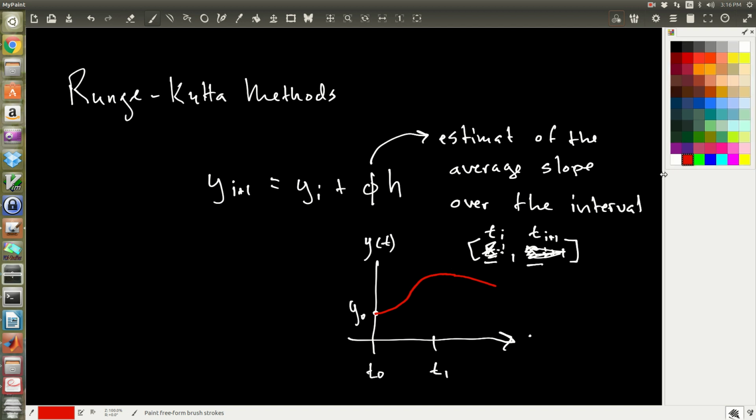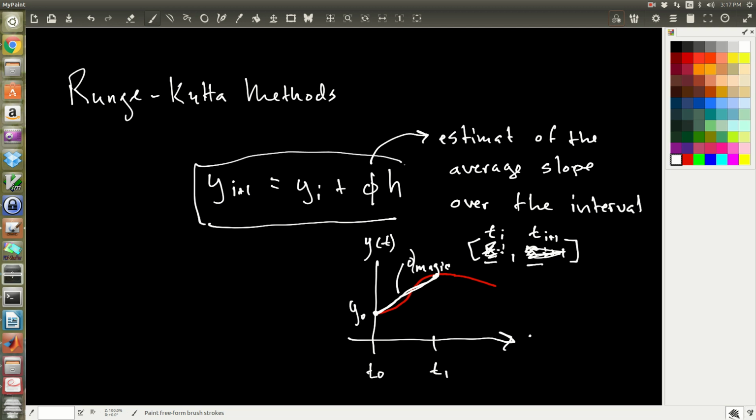So then the average slope is the slope of this straight line connecting these 2 points. Alright, so if we can figure out that slope, this is called phi. It's the slope that'll give us the exact answer if we employ this formula right here. So all Runge-Kutta methods are based off of this general idea.